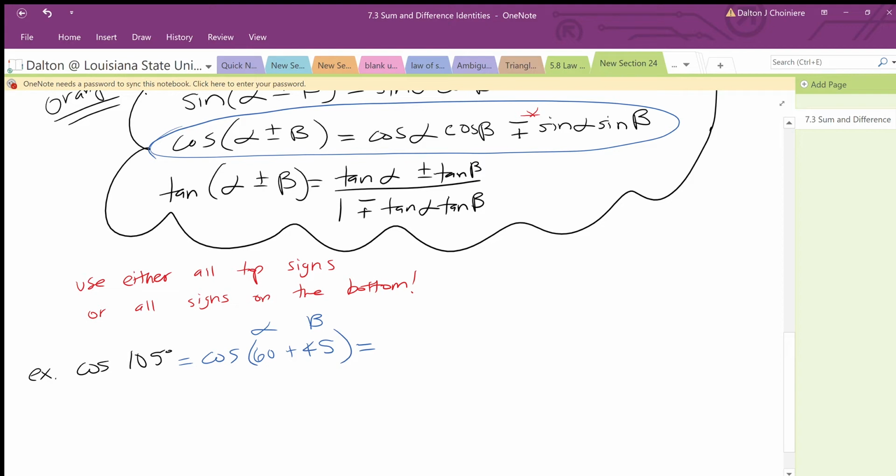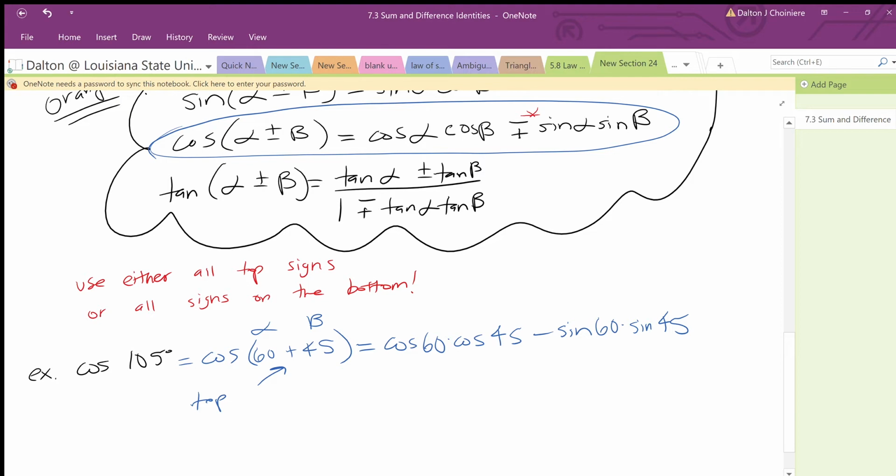So instead of cosine alpha, we've claimed alpha is 60, so I'm going to have the cosine of 60 times the cosine of beta, which is the cosine of 45. Again, I have a plus sign, which was on top, so I'm going to follow the top sign on the right side, which is a minus sign. Sine of alpha, sine of beta. So it's going to be sine of 60 times sine of 45.